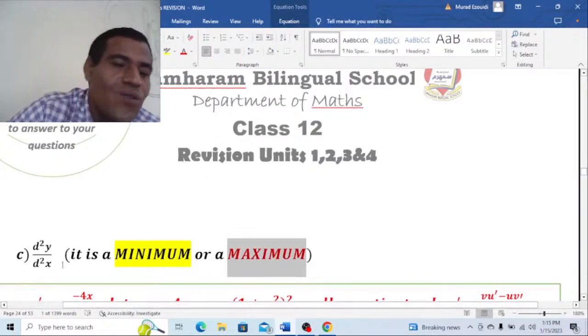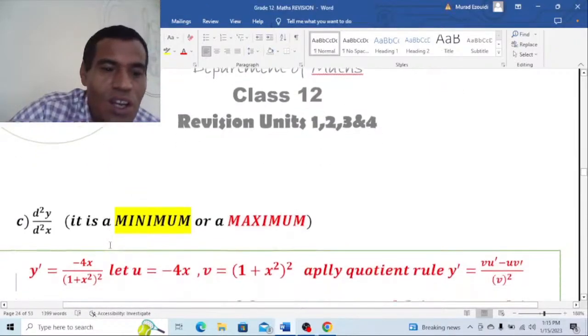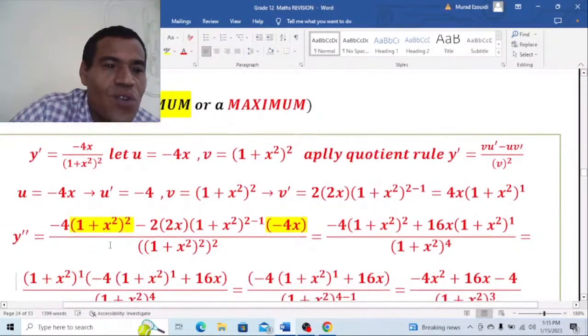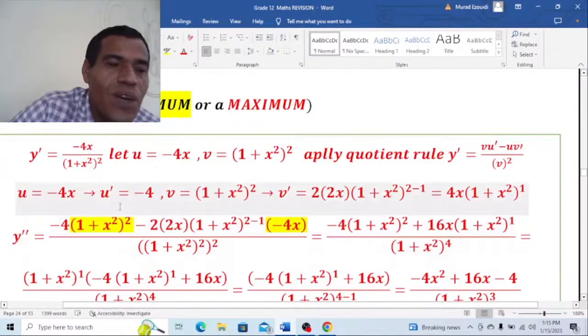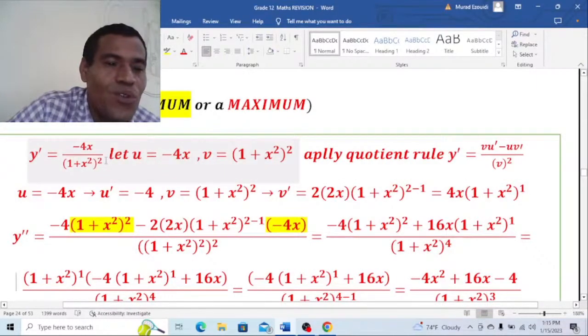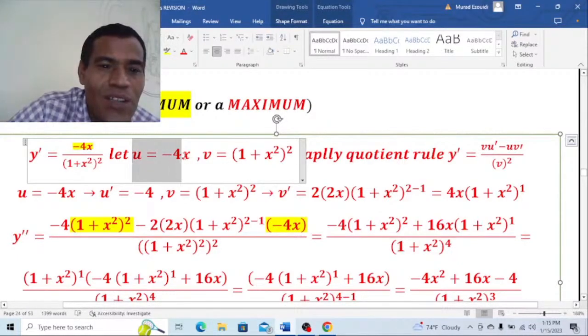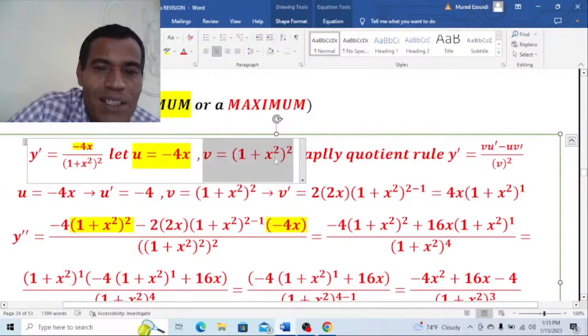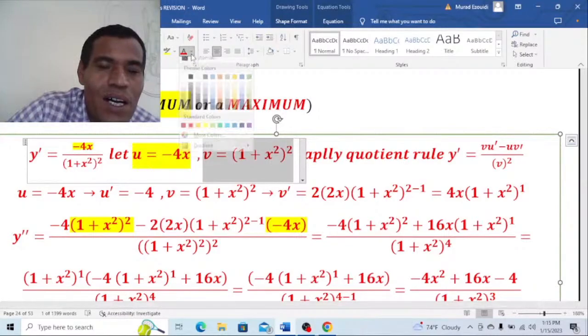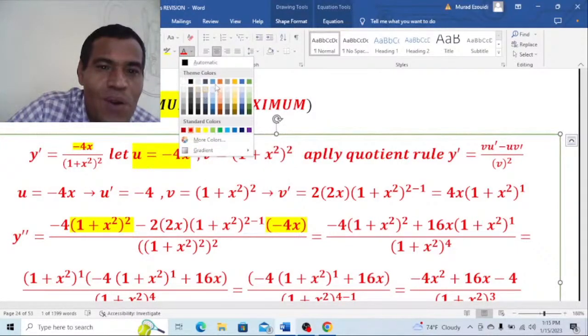First of all, to solve this question, learners, you should differentiate your equation. y dash is negative 4x over 1 plus x squared all to the power 2. Therefore, I will suppose that u is equal to negative 4x, of course, and v, in fact, is 1 plus x squared, all to the power 2.